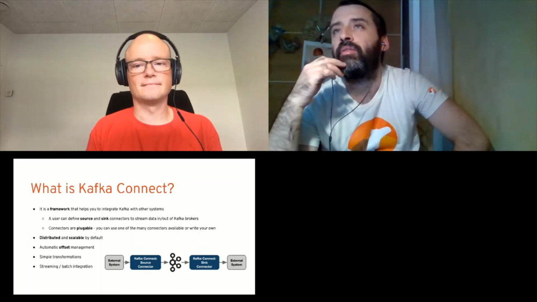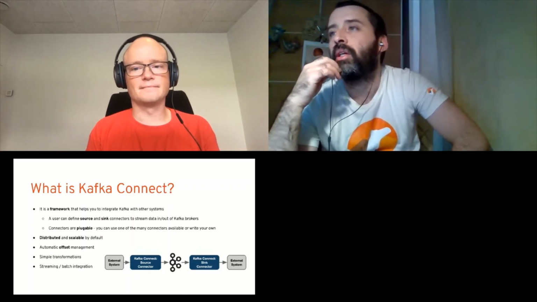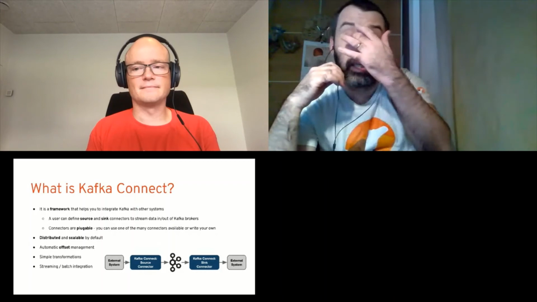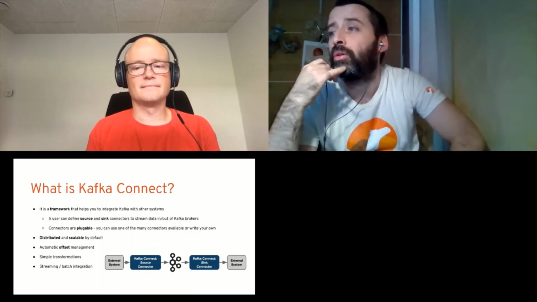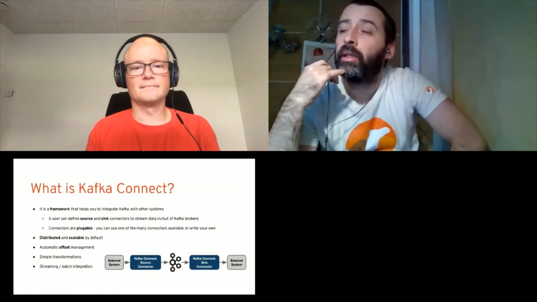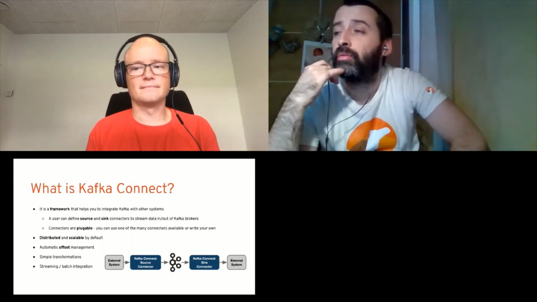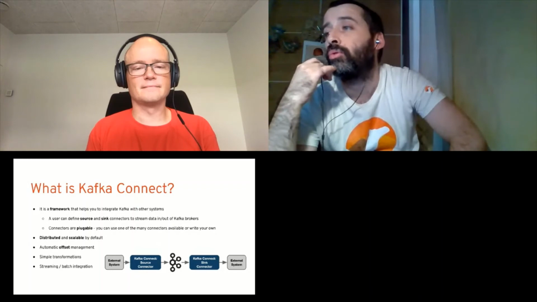A user can define source or sink connectors to stream data in and out of a Kafka broker. You just point to your topic or your group of topics, and you will consume or produce from an external system or to an external system through these Kafka topics.